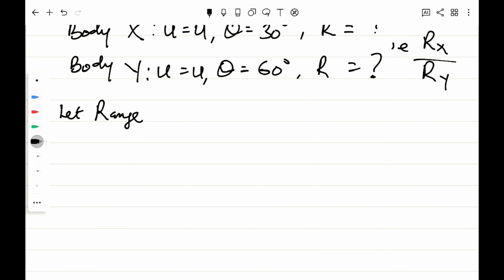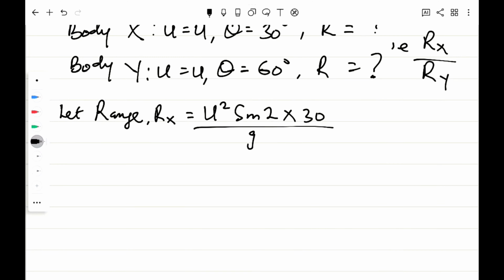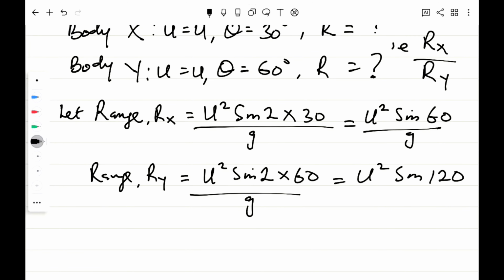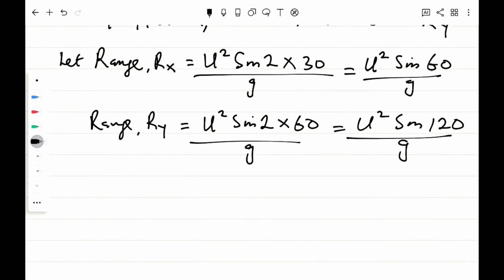So we have the range of X is equal to U squared sine 2 times 30 divided by G, which is equal to U squared sine 60 divided by G. Let's do the same for the range of Y. So the range of Y is equal to U squared sine 2 multiplied by what? 60 divided by G, which is equal to U squared sine 120 over G.